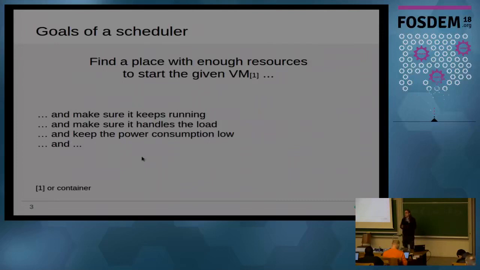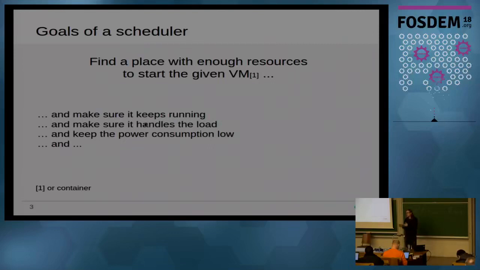For example, you might want to find a place where the VM will keep running even when something happens. Or if you have containers on it, you need to find a place where the containers will keep running even if one of the VMs dies. So you might not want to start two VMs with the same container on the same host. On the other hand, you might want to make sure that your VM has the highest performance possible if you're mining Bitcoin, for example.